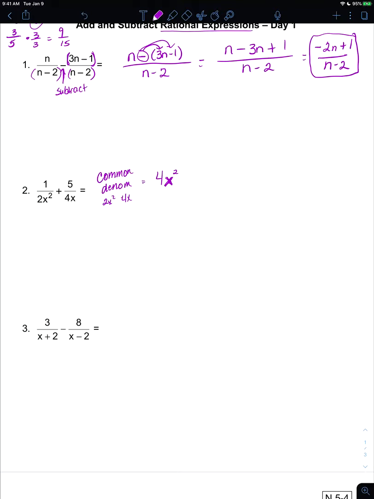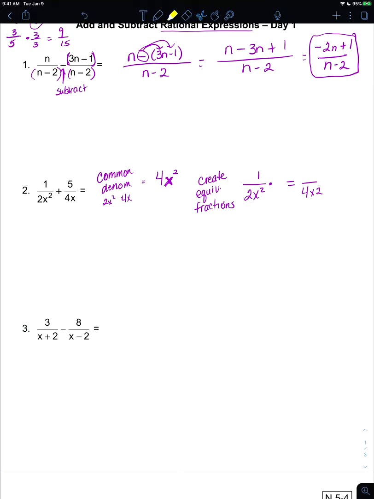So we've got to now create equivalent fractions. So let's take the 1 over the 2x squared, and what do we need to multiply that by in order for that denominator to be a 4x squared?